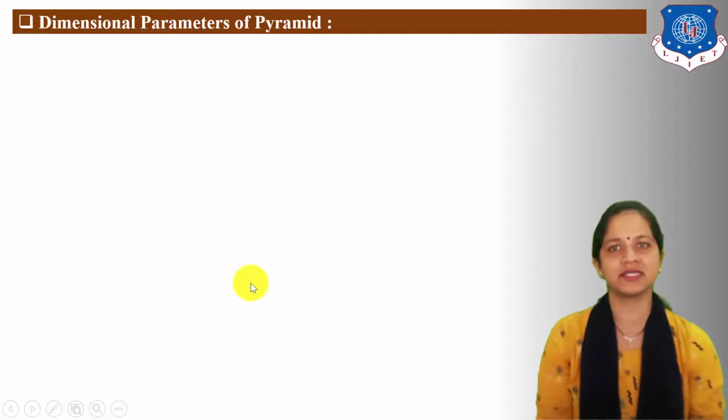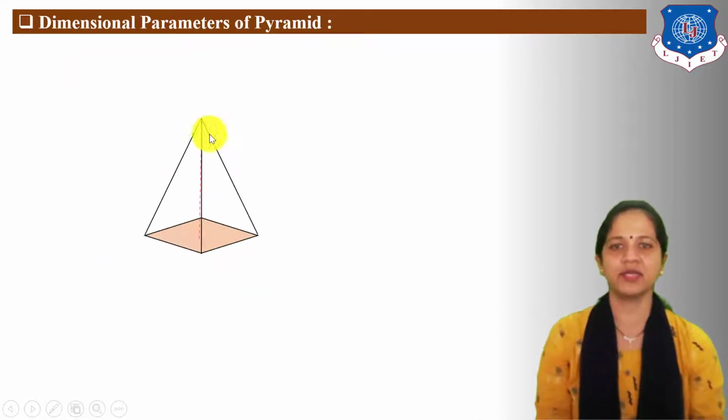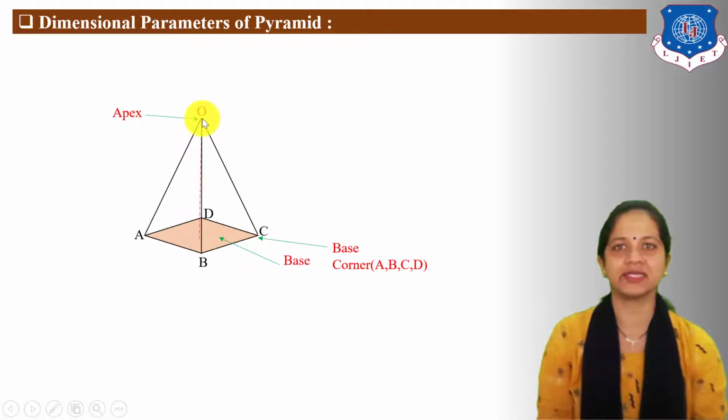Next, let us understand dimensional parameters of pyramid. Here you can see square pyramid is given. This is the base of the square pyramid. A, B, C, D are base corners. O point is the apex point at top.